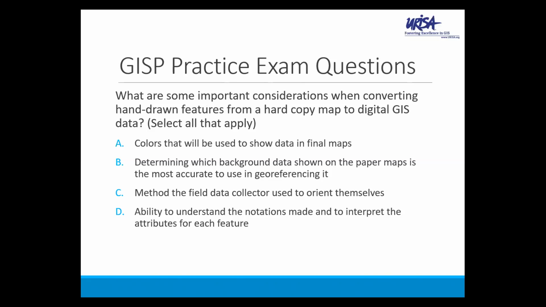Determining the background data shown on the paper maps, which one is the most accurate to use for georeferencing it, again, that's a good choice. And the ability to understand the notations made and to interpret the attributes for each feature are all probably good considerations. So I would more than likely choose B, C, and D for this question.